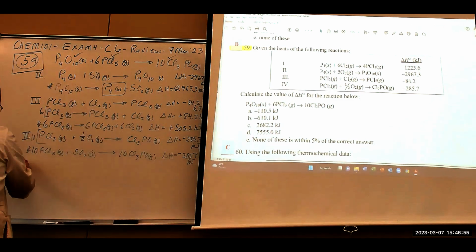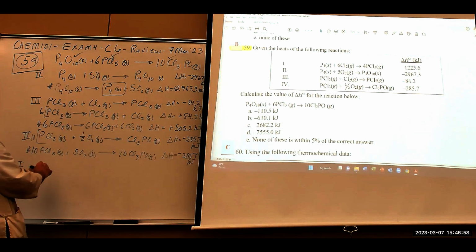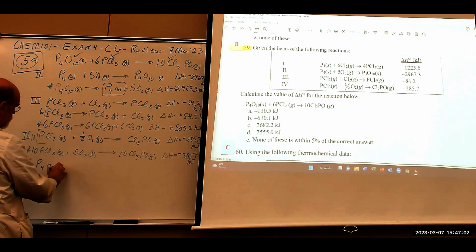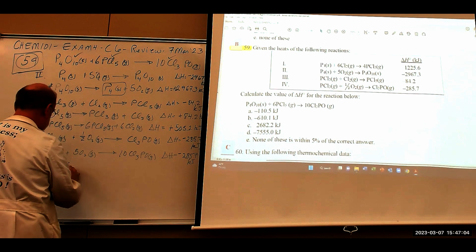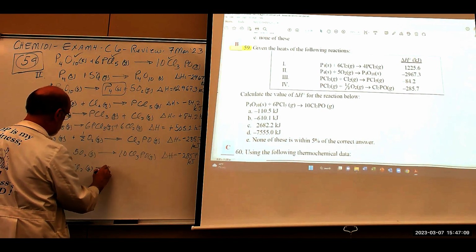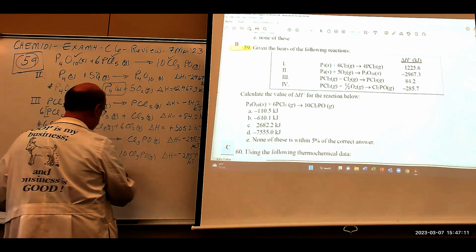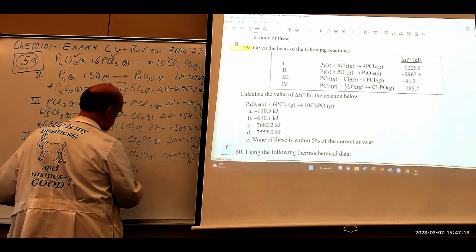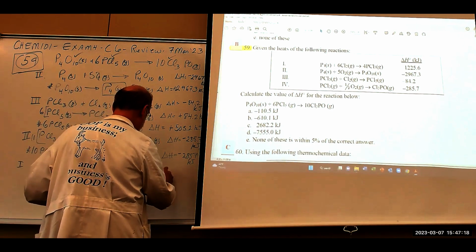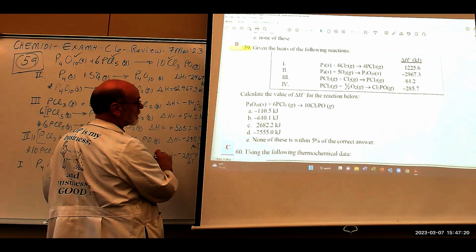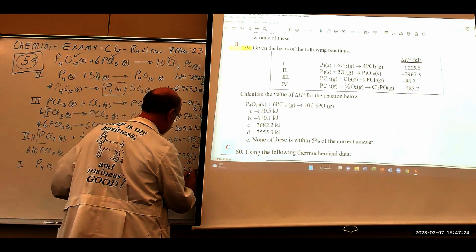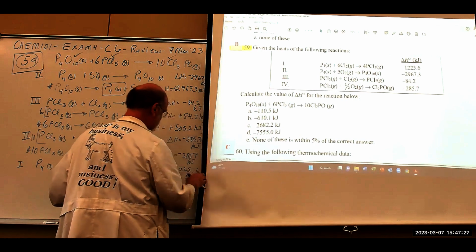So we're going to use equation number 1, which is P4 solid plus 6 chlorine yields 4 PCl3. And the delta H for that one is equal to minus 1225.6 kilojoules. Okay.